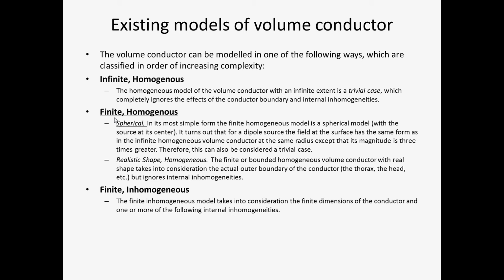So although this is the most realistic way of doing things, you cannot actually do it unless you're doing some very basic experiments where you can characterize properly your finite and inhomogeneous volume conductor. And that is mostly the case of impaled cells.